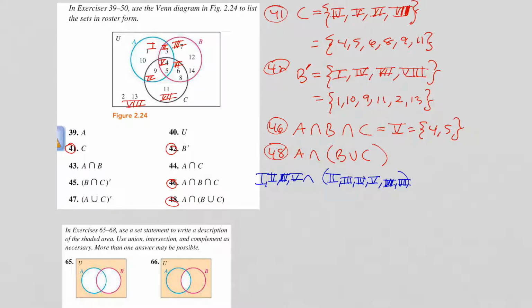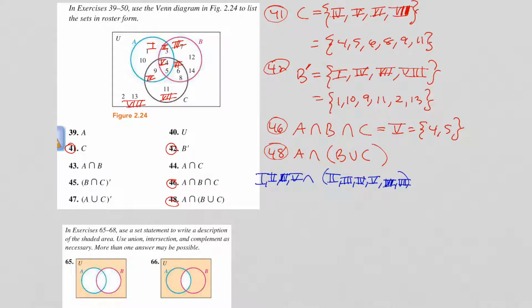Okay. Now, that's the union. That's both B and C. So what is the intersection of both of those? I mean, you can do this definitely the visual way, just by looking at the Venn diagram. But I'm doing the breakdown of if you just looked at one set at a time and then did the operations like union.